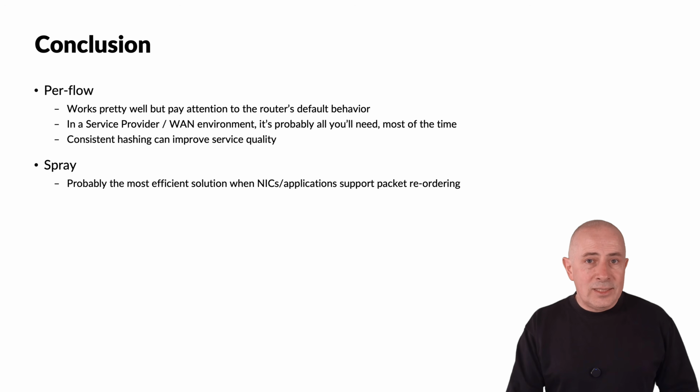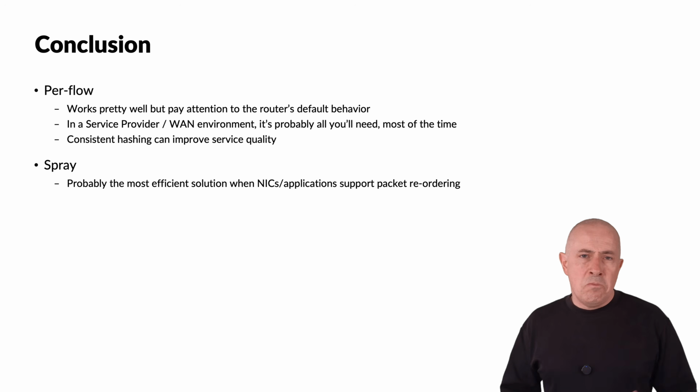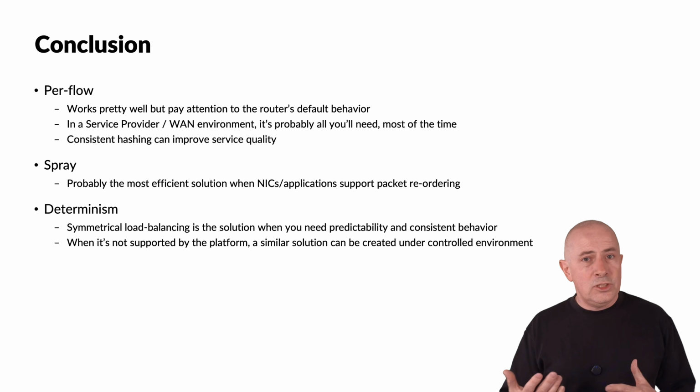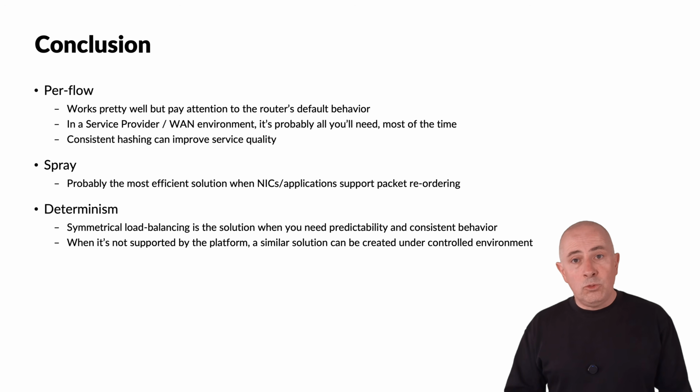When your end device can deal with packet reordering, per-packet load balancing or spraying will give you the best results. If you expect a predictable behavior, symmetrical load balancing is the way to go. MX is clearly leading in this category, but under certain circumstances, it's possible to recreate the environment to make it work with other routers like PTX.